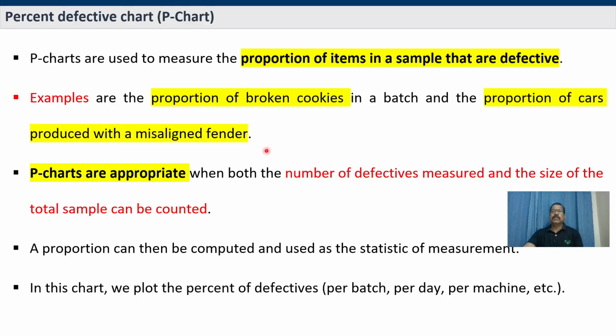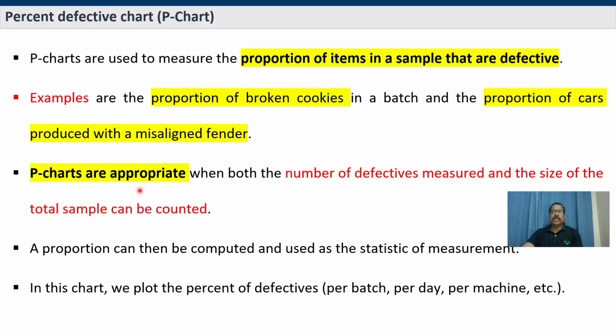Some company will do lots of assembly, and they check or analyze how many are misaligned with respect to the total number of cars manufactured or produced. Then you go with the percentage of defective.